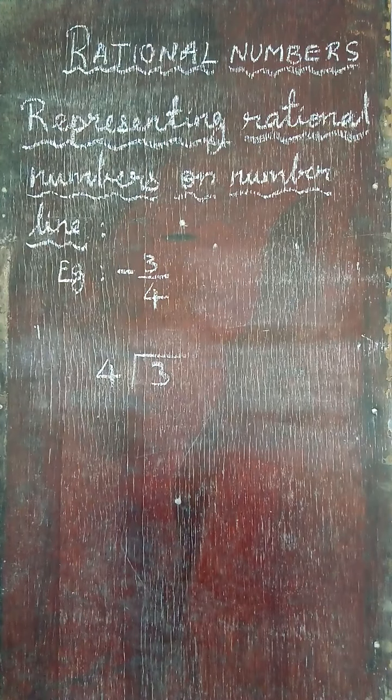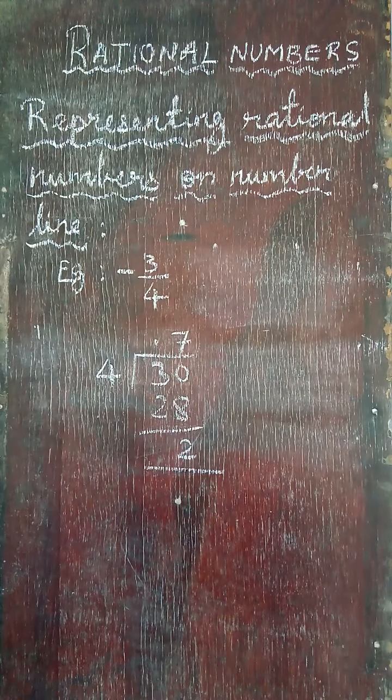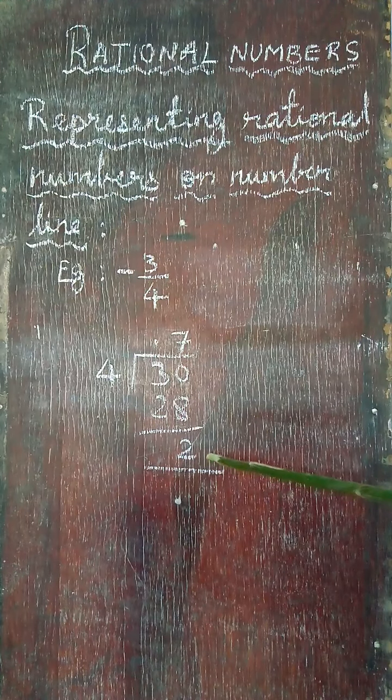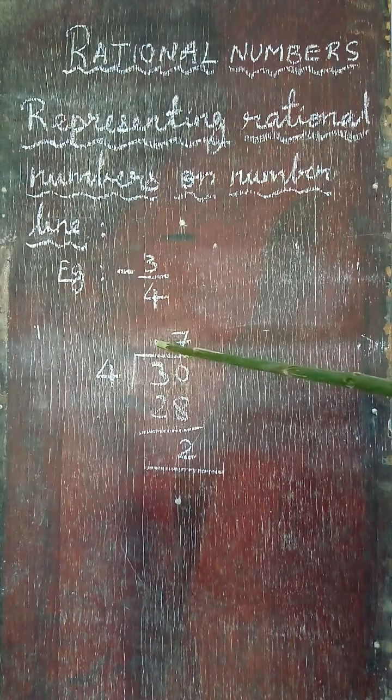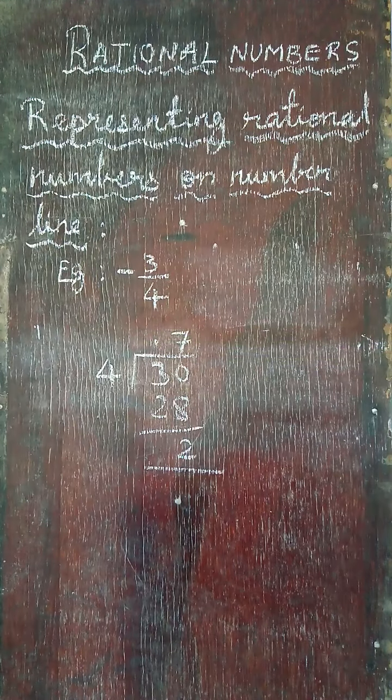Decimal point வச்சு we will continue. If we put a decimal point, ஒரு 0 நம்ம include பண்ணிக்கலாம். 4 7s are 28. Balance is 2. So the number is 0.7. Minus இருக்குங்களா? Minus 0.7. So this number is greater than minus 1 and less than 0.